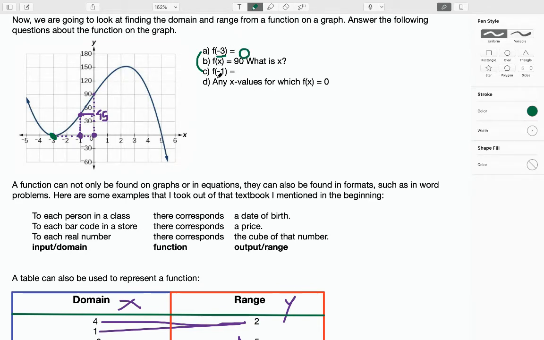Now we will go to C, a very similar question, actually, just with a different point of the line. Sorry, my voice. So f of negative 1 is right here. You have to find it. Where is it on the function? You can go up and it's here, yay! And then find it in relation to the y-axis.